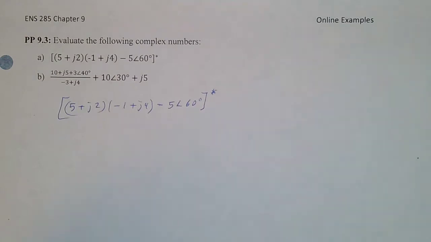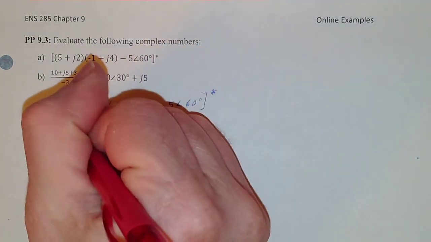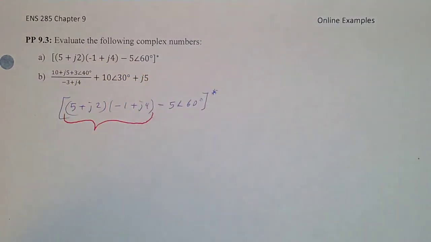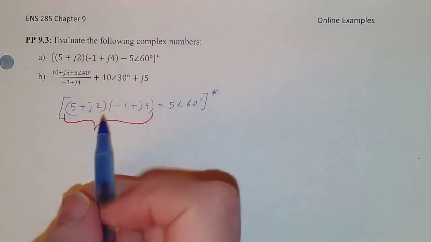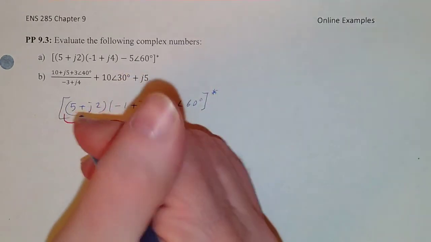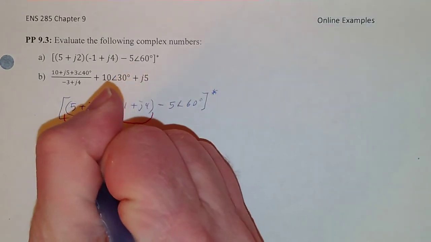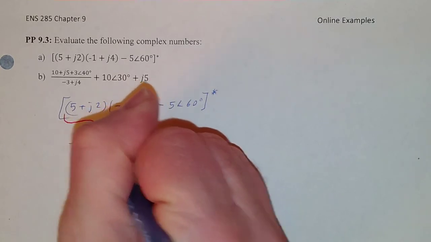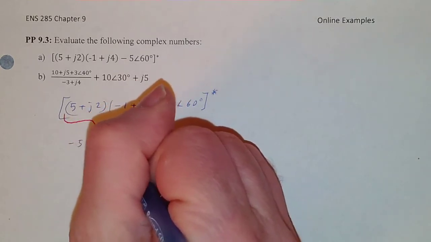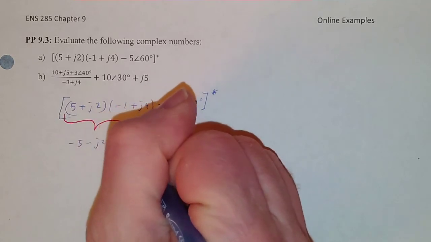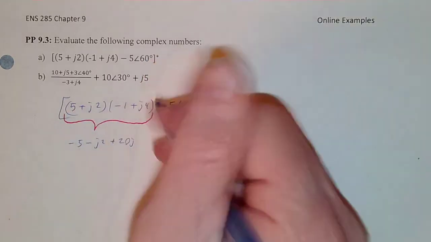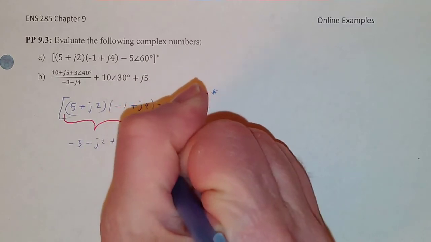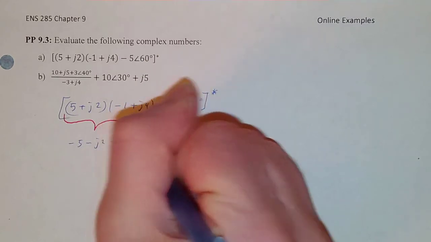So what we're going to do, I'm just going to look at this part first. I can just go ahead and multiply and distribute things. So I'm going to have minus 5 minus j2 and then plus 20j, from these two, and then plus, oh, I put the j.